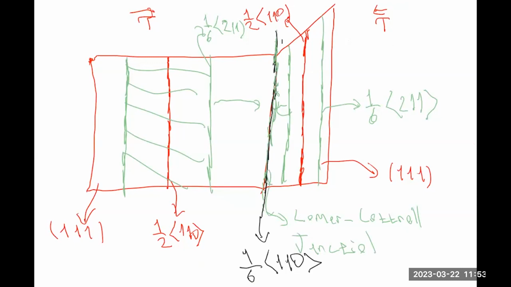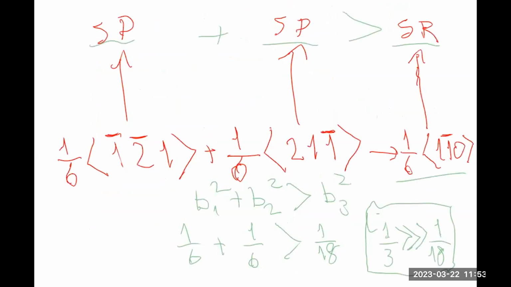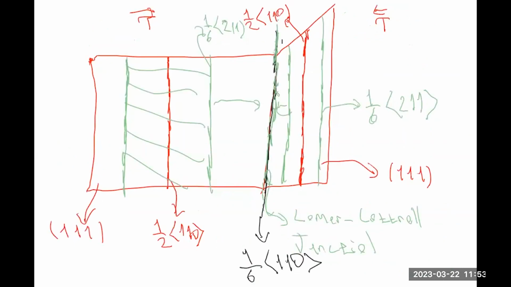And the reverse of this reaction is too hard. You need to pay a lot of penalty. You need to give a lot of energy to reverse this reaction. That is why we have some pinning at this Lomer-Cottrell junction, and this pinning creates the hardening in the FCC crystal structure.